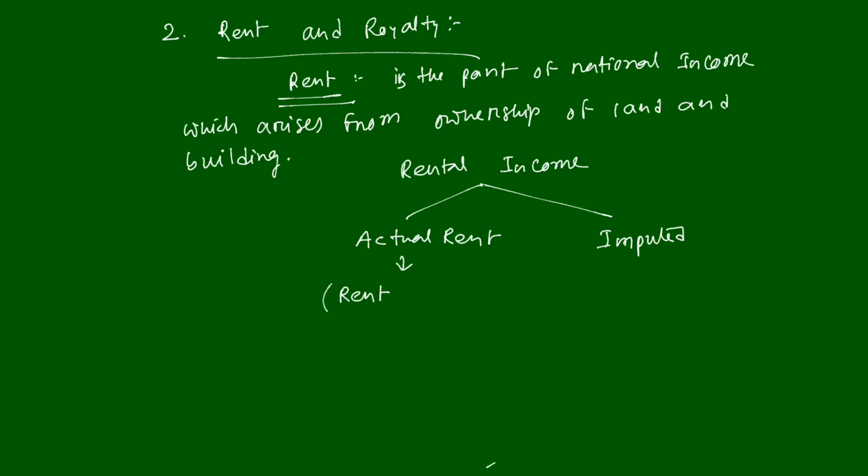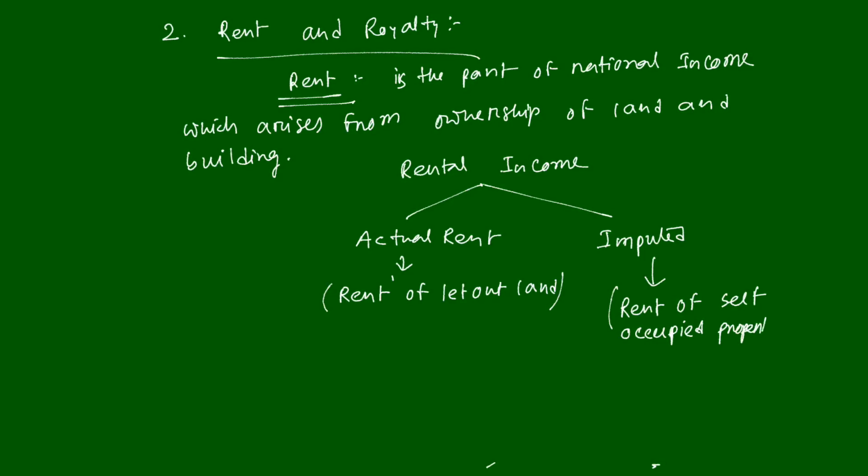Actual rent is the rent of let out land, and imputed rent is the rent of self occupied properties. Here actual rent means rent from let out land.